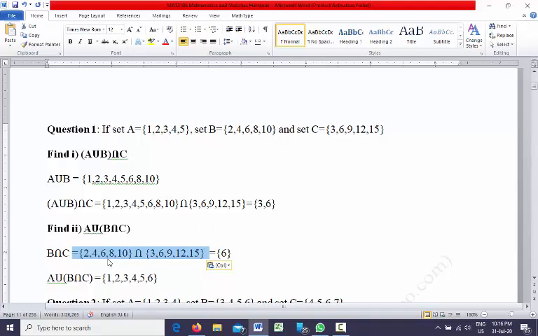Intersection is there, so common elements. We can see that only 6 is common.